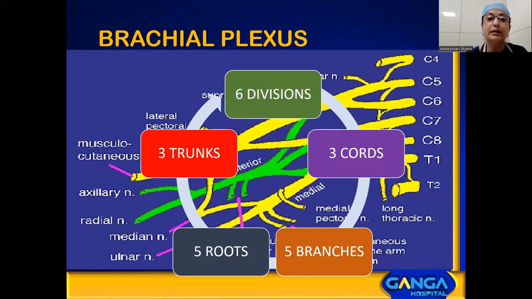The anterior division of the inferior trunk forms the medial cord, and the posterior divisions of the upper, middle, and inferior trunk form the posterior cord. These 3 cords finally give the terminal 5 branches: the ulnar, median, radial, axillary, and the musculocutaneous.